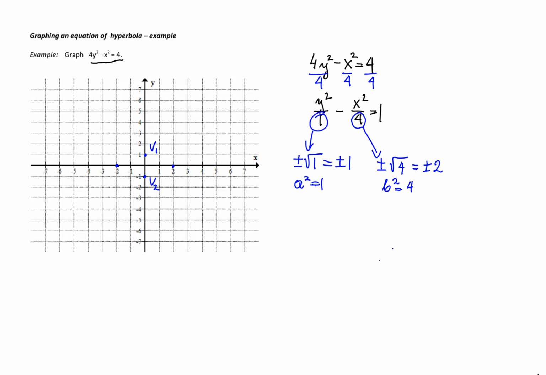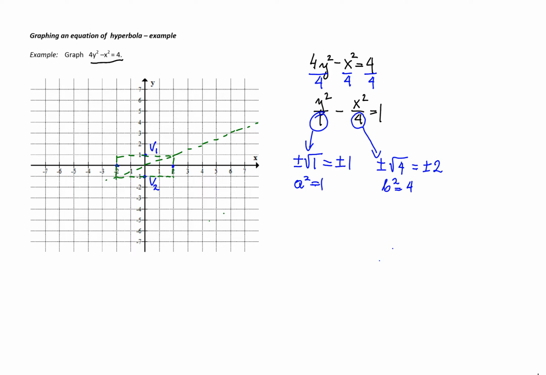Now we draw a rectangle whose sides contain those 4 points and are parallel to the x and y axis. The diagonals of this rectangle will determine the asymptotes. So let's draw the lines that contain the diagonals, and these are the asymptotes.